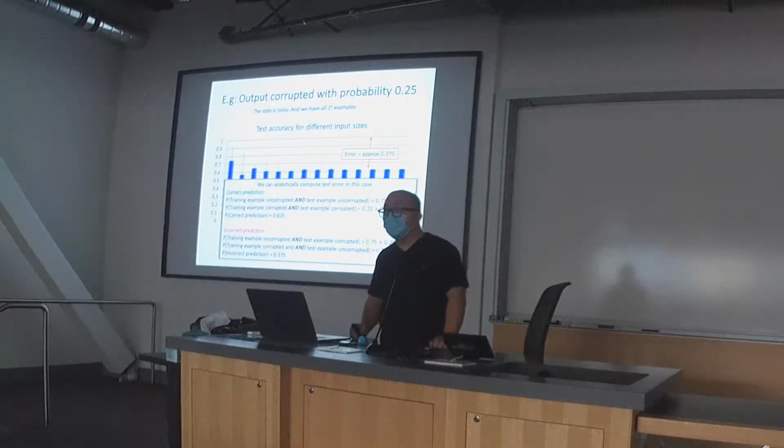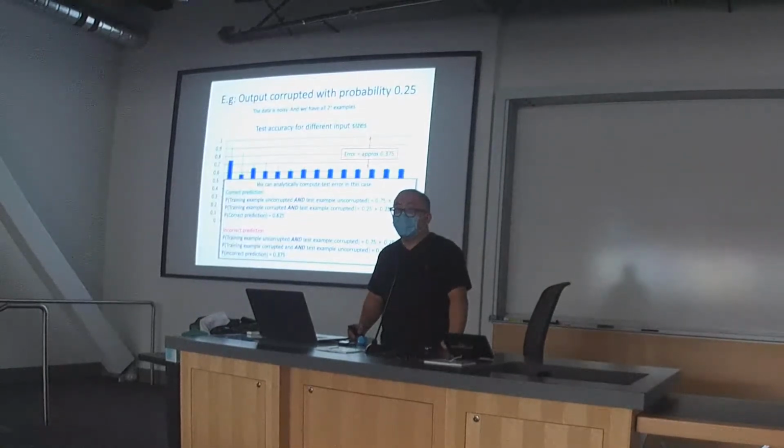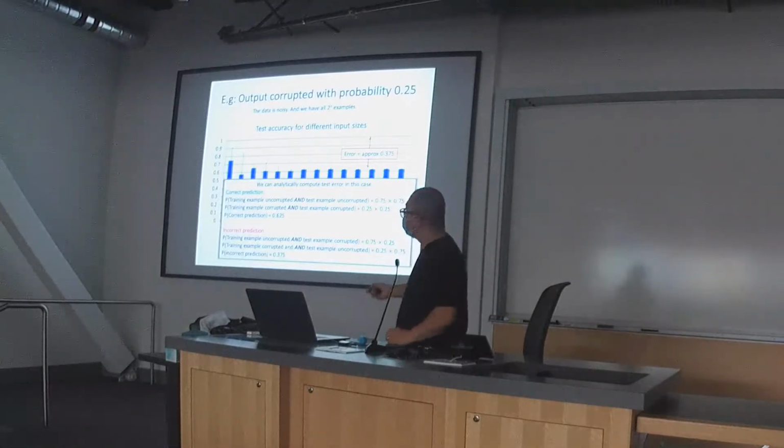That's fine, because no matter what the label is, the training procedure guarantees that the decision tree correctly fits this training example, and in the test stage, because the test label and the training label are the same, it still gives a consistent prediction. What is the chance for this case? This example has a 0.25 chance to be corrupted at the training stage, and another 0.25 chance at the test stage. You multiply them together to get the probability of the second case.